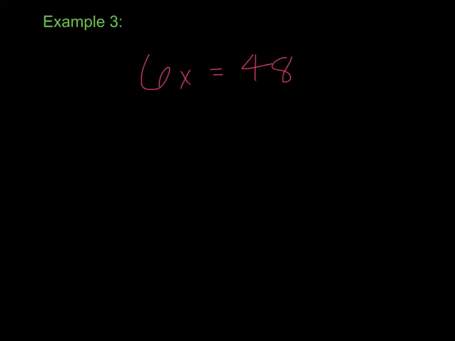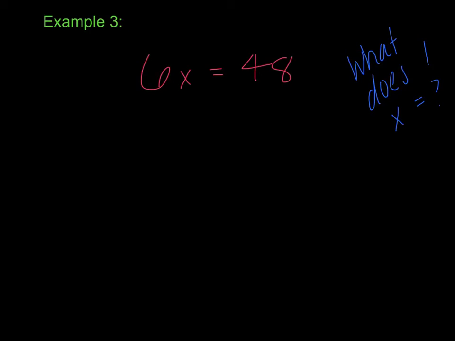Example 3 is showing you that 6x equals 48. So your question is, what does 1x equal? Well, this is saying 6 times x. Multiplication is the only sign that can be invisible.